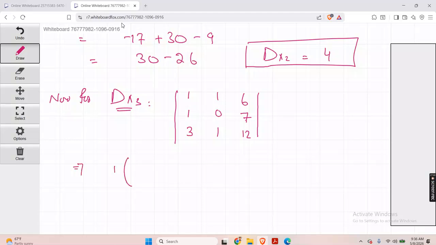Now 1 will come outside, so 0 into 12, 0, minus 7 into 1, 7, minus 1, so 1 into 12, 12, minus 7 into 3, 21, plus 6, 1 into 1, 1, minus 0.